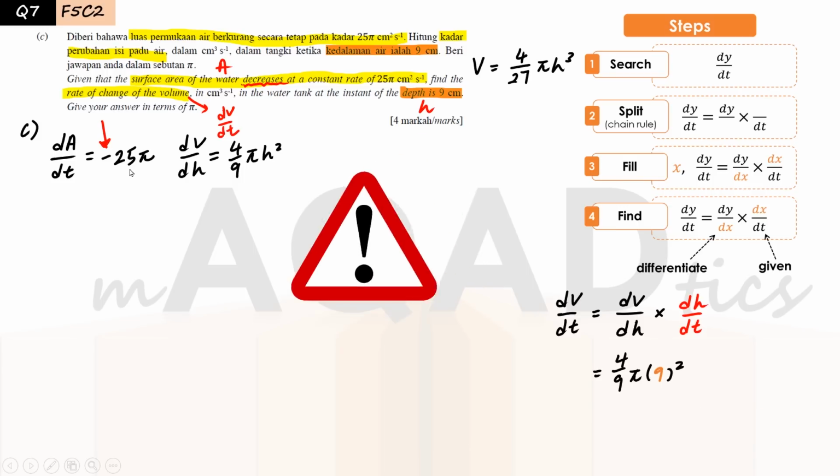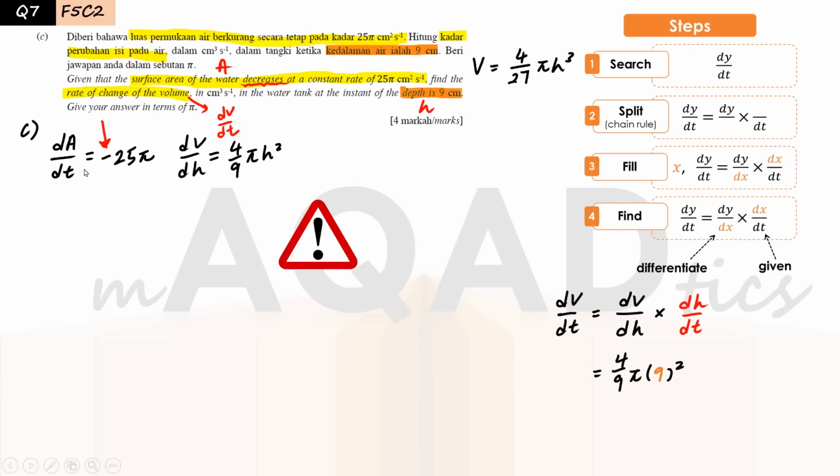So what we can do is use the same steps as here for dA over dt. This means for dA over dt, when I split it out, I need to include the dH over dt here. So here I need to put dH.